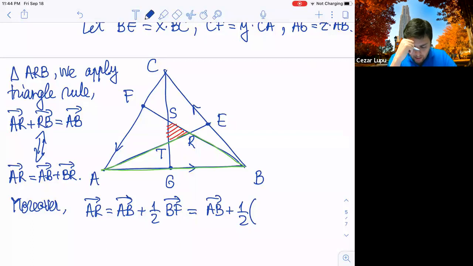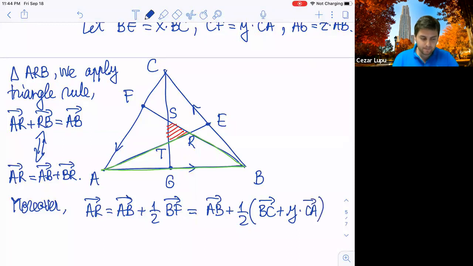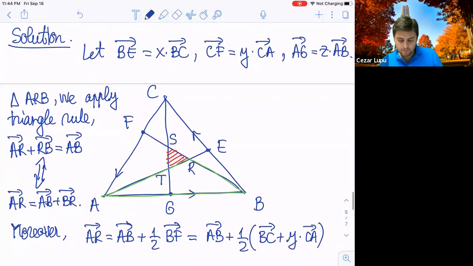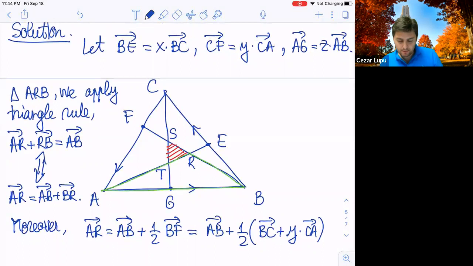So it's BC, that's BF vector. Okay, so it's BC vector plus Y times CA vector, right? Keep in mind that BF, you can write it as, well, you see this is CF vector.